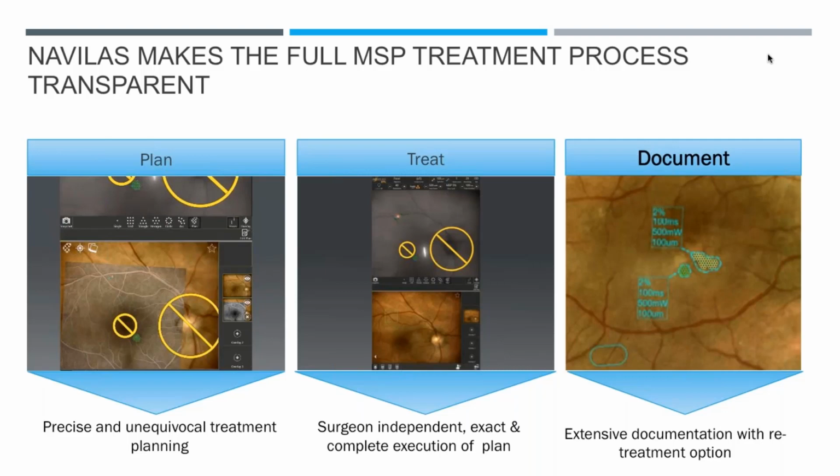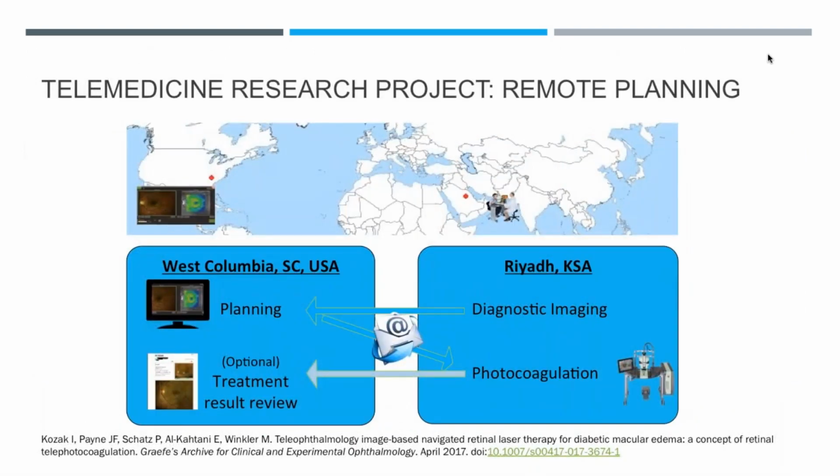The advantage of this pre-planning and navigation is that in case of micropulse, where we do not have any orientation point, we still can clearly identify the treated area, and we can keep that record for future treatments if necessary. And the documentation is very important in retreatment of the specific area. So this all is available with the image-based eye tracking system. And this is actually an additional feature that we do not see in the excimer laser treatment plan.